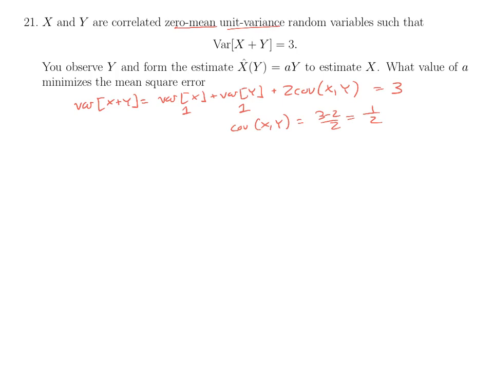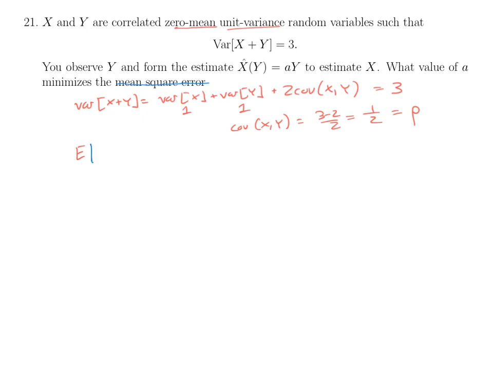And then because they're both unit mean, unit variance, the covariance has to be equal to rho, right? And so rho is a half. And now, maybe we don't need to know that rho is a half. Now, what the problem asks you for is the mean squared error, right?